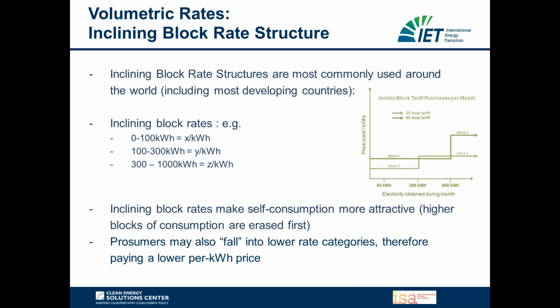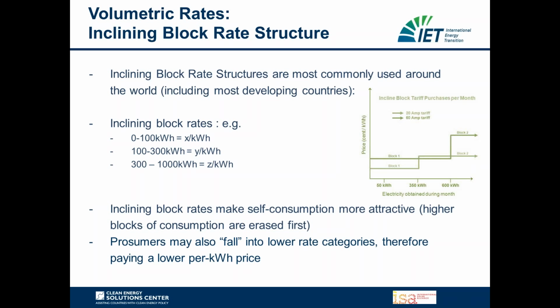You see that the price actually goes up, and then at 600 kilowatt hours, it goes up another step. So depending on each and every household's electricity demand, the prices for each unit of electricity will increase the more you use.